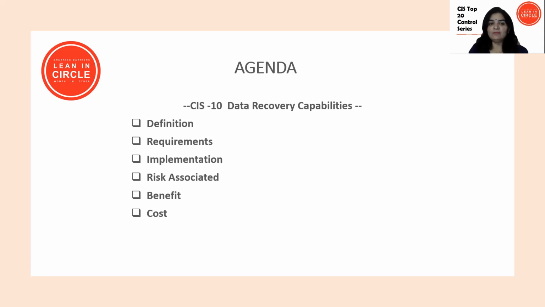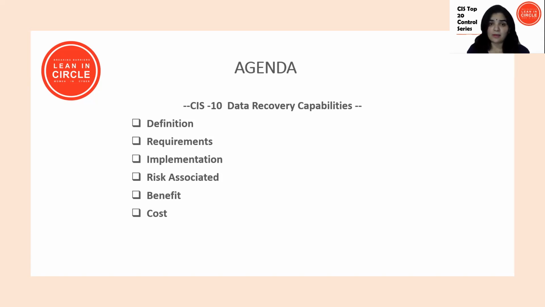So in today's session, we are going to talk about definitions, requirements, implementation, risk associated, benefits, and cost. If I would like to summarize at the start itself what we are going to talk about in the coming slides, there are three important points which we have to discuss in today's session. The first is the importance of backup. Why is it required to have such controls which talk about data recovery?